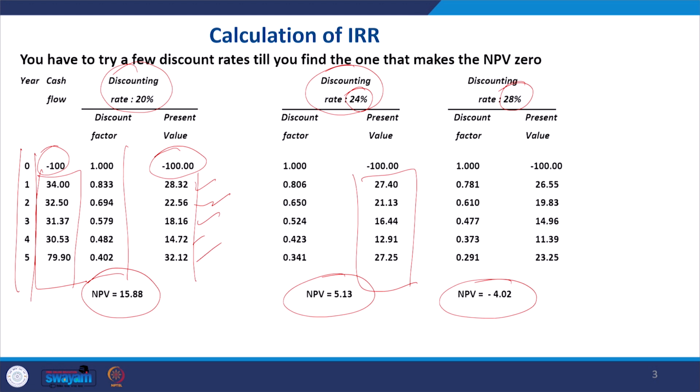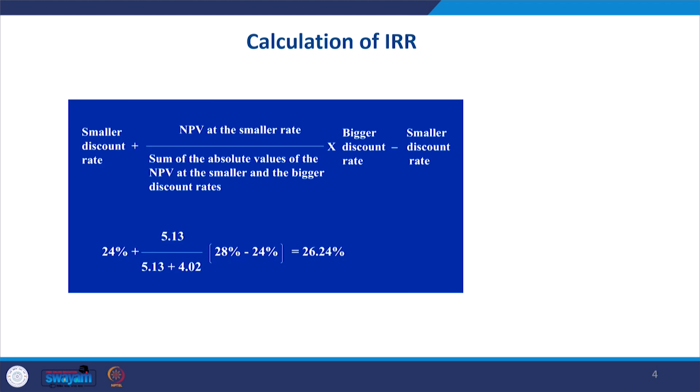So what is the exact internal rate of return available from this investment proposal? That we can find out with the help of this particular model. Using this model, the final internal rate of return, the expected rate of return available from this investment proposal, is 26.24%, right?